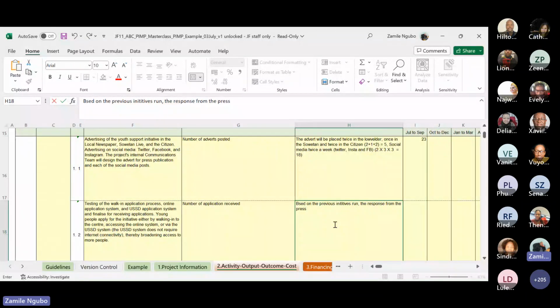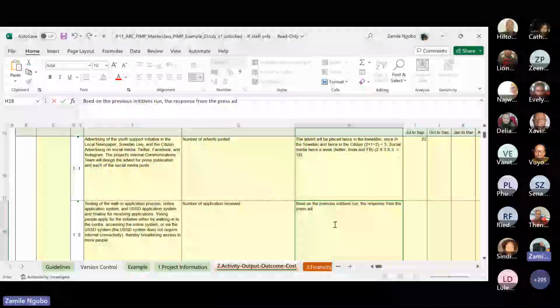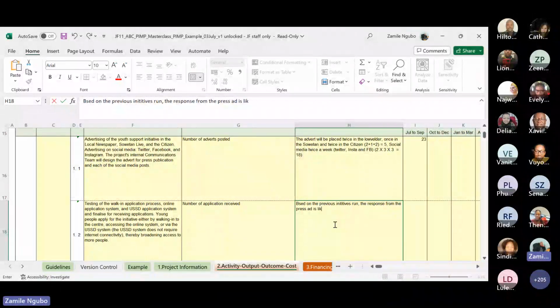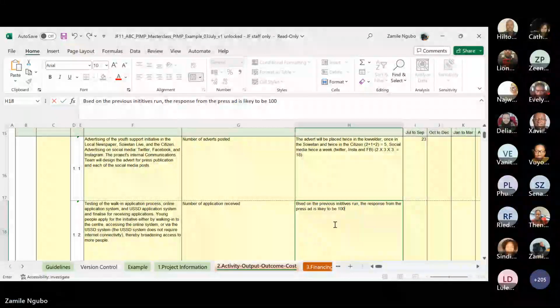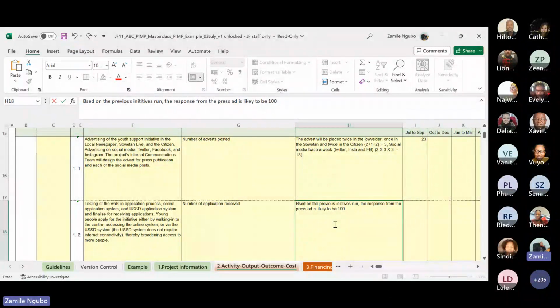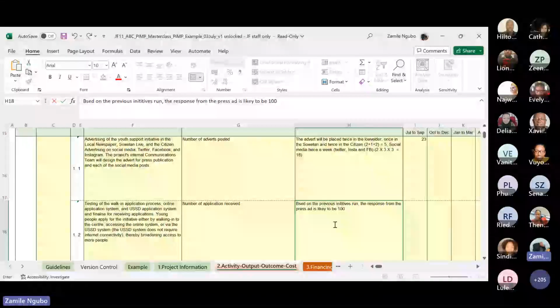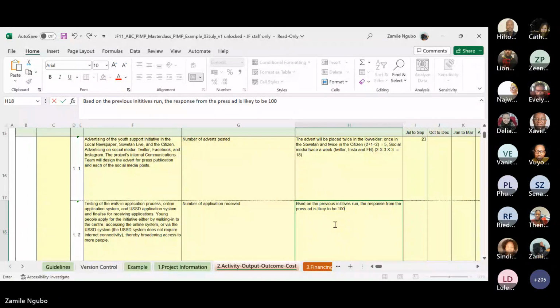So from the previous experience, we know that from the press, we will have 100 applications or response rate. So this is now from the local newspaper. This is the Lohfelder, we're getting 100. Then we will be getting 200 from the Sowetan, and 150 from the Citizen.